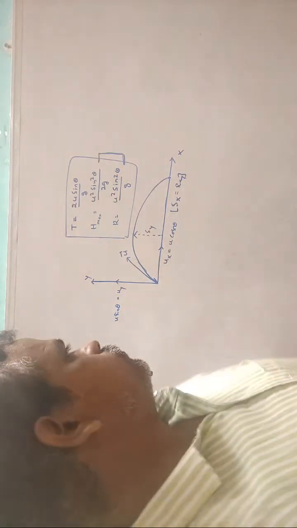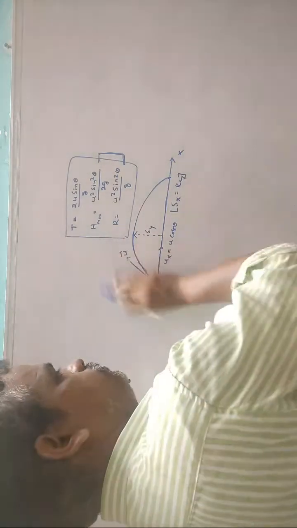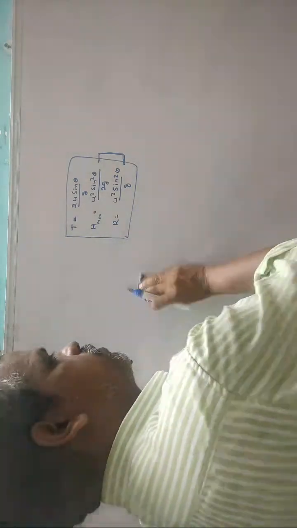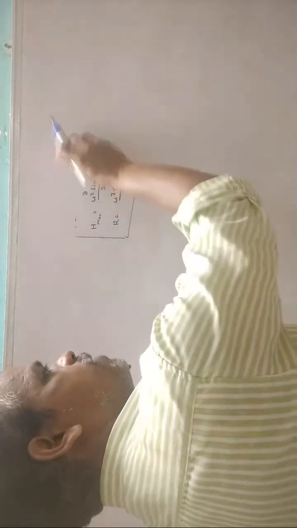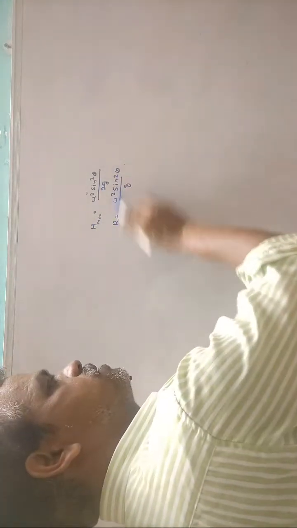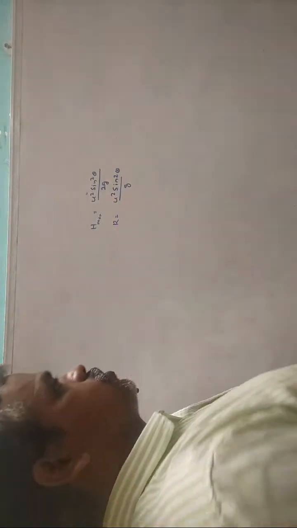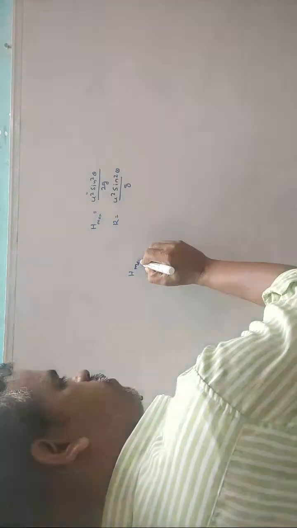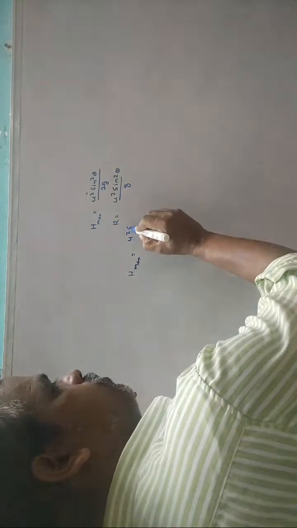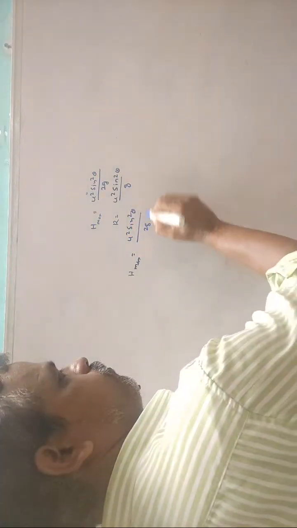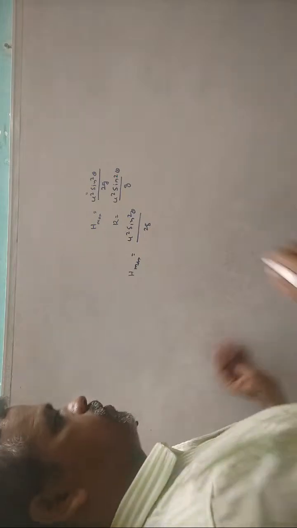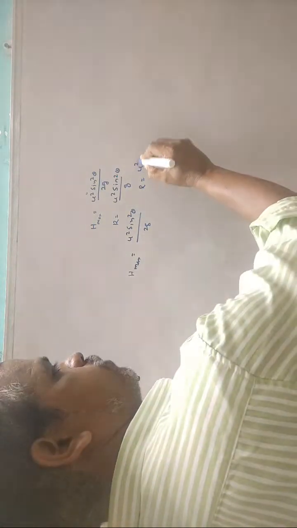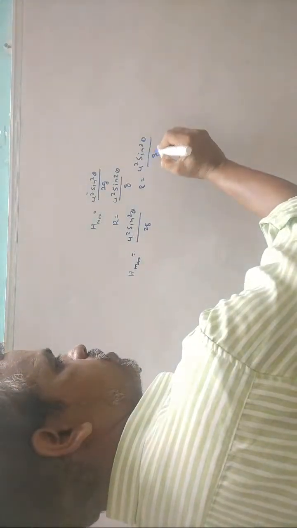Okay, now the relation between h max and range. Here, h max is the maximum height reached by the obliquely projected body, and range equals u square sine 2 theta by g.